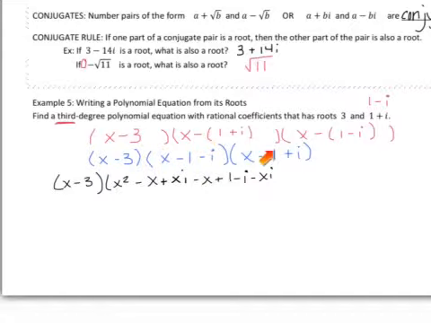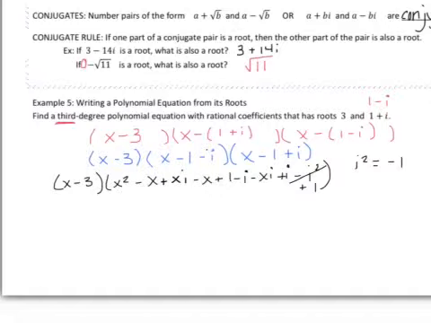Negative i times -1 is, or wait, that would be positive i. My bad. Negative i times positive i is negative i squared. What does i squared equal? -1. Okay, so we've got minus i squared, so that's minus 1, so all of that makes plus 1.